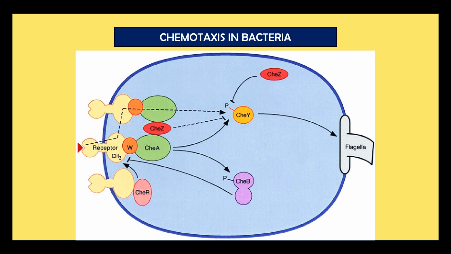It inactivates the receptor and therefore decreases the phosphorylation of CheA and CheY, which results in counterclockwise flagellar rotation and forward motion. The response to an increase in the concentration of an attractant or repellent is only transient, even if the higher level of ligand is maintained, as the bacteria desensitize or adapt to the increased stimulus.